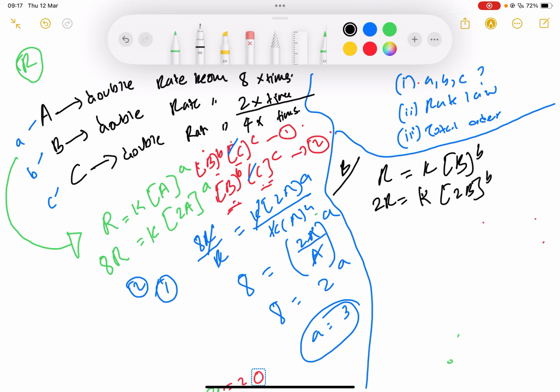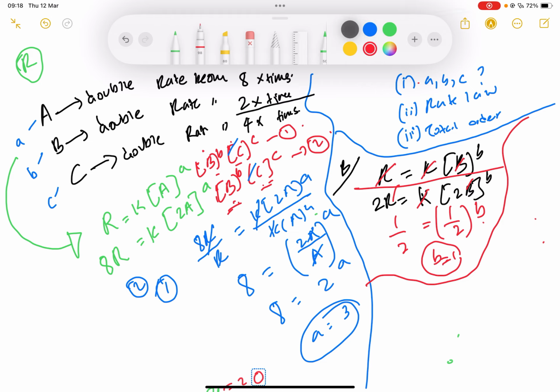Now A and C will remain the same, so they will get cancelled in both the equations. Now you divide this, right? R1 over R2 is equal to, B cancels, half to the power b. Now b has to be 1, right? Then only half to the power 1 is half. Now b is 1. We found b.